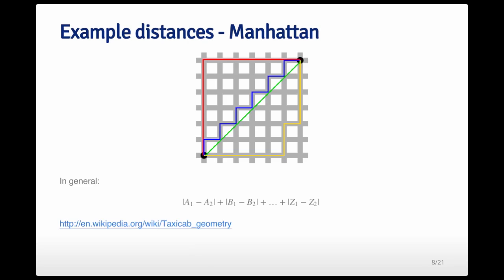And the distance that you would travel along the city blocks here, you can imagine the gray lines as the streets, that's the Manhattan distance, and it can be written formulaically as the sum of the absolute values of the differences in all the different coordinates. So if you have 2 coordinates, then you sum the absolute value of the distance you travel in the x dimension and the absolute value of the distance you travel in the y direction.